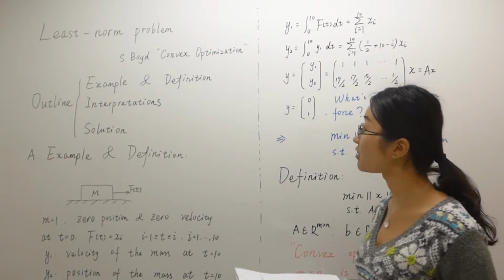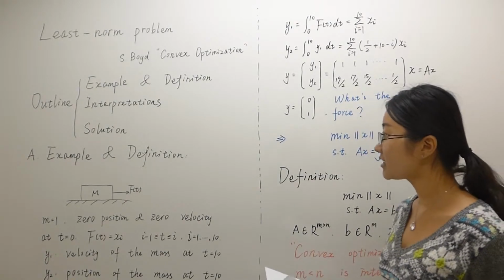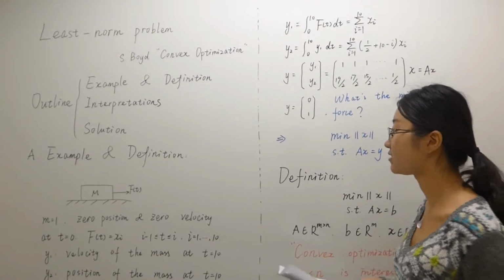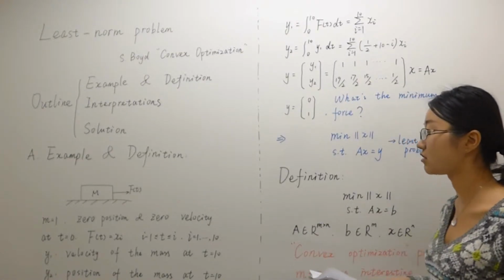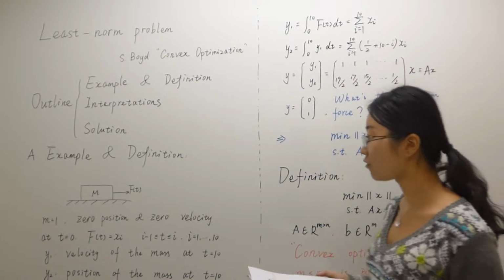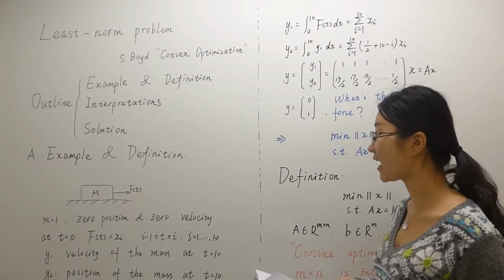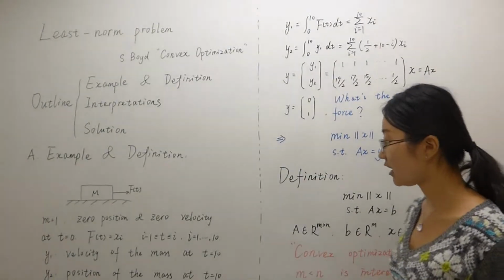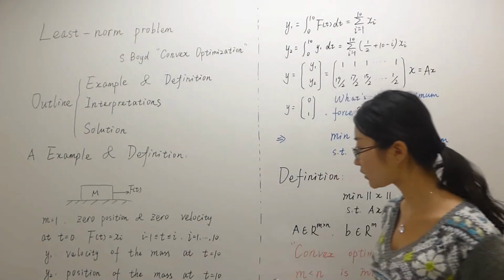Let's get on to the first part. Consider a model of a unit mass with zero position and zero velocity at t equals 0. Now a force F(t) equals x_i is applied on this mass. At each time slot, F remains the same.